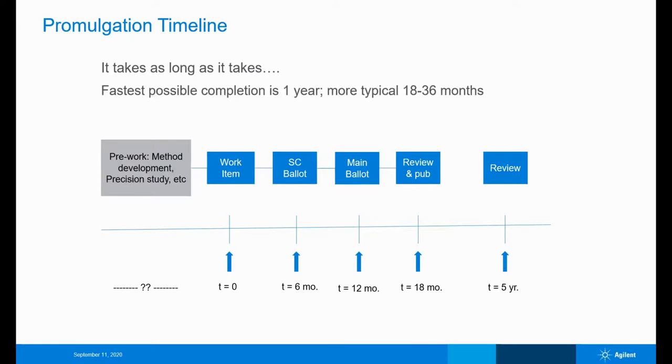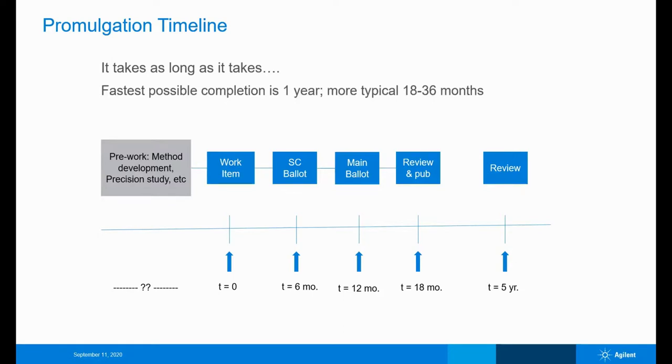And I can't begin to express that the more complex methods require a significantly more amount of time. And then the work item begins at time 0. That's as the work item is presented. And then, of course, you have the balloting process at subcommittee ballot at about 6 months. And then the main committee ballot, if it passes directly to main, that's 12 months.